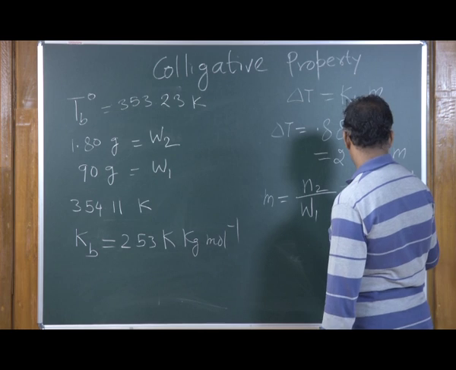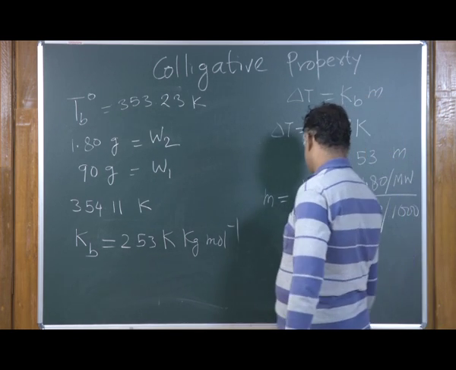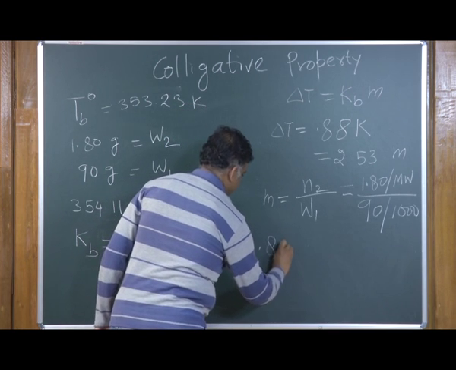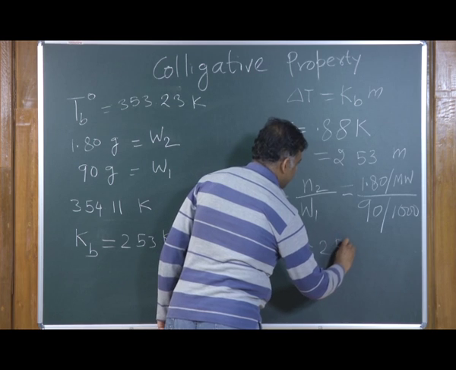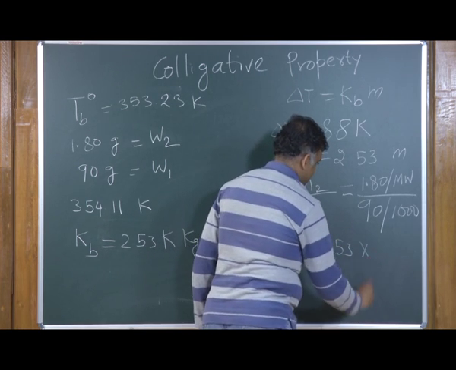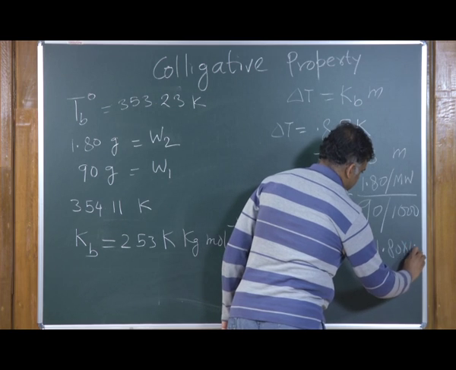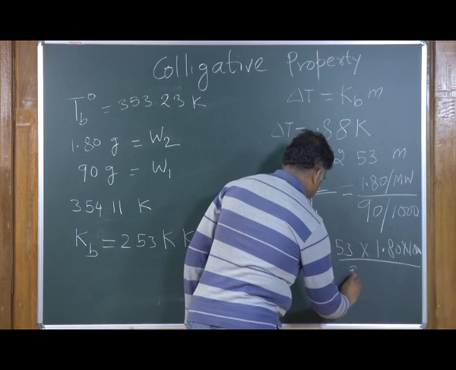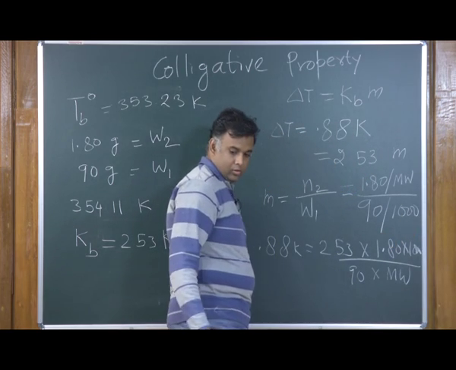Now, we have all the information, we just plug in this information in here and we get our equation. So, the equation is going to be 0.88 Kelvin is equal to 2.53 into 1.80 into 1000 divided by 90 into molecular weight of the solute.